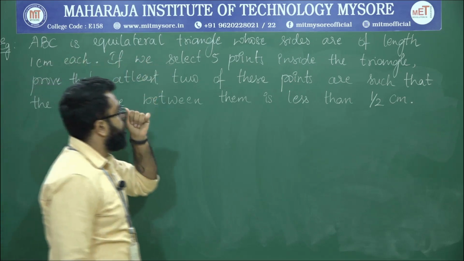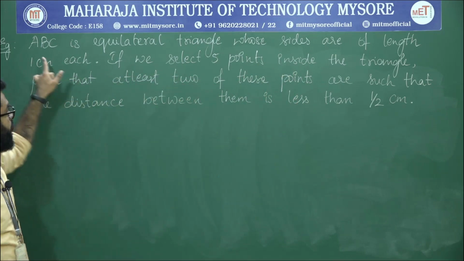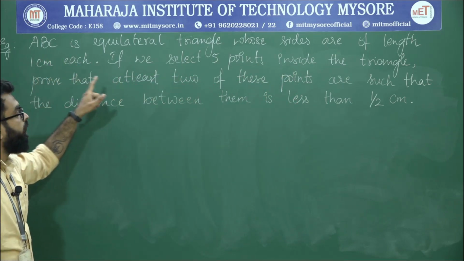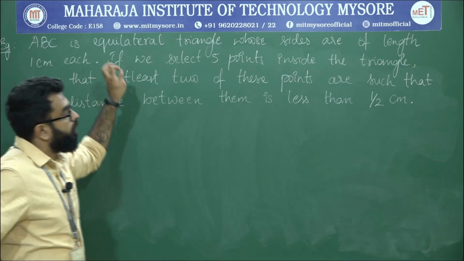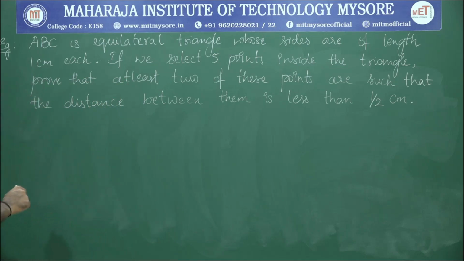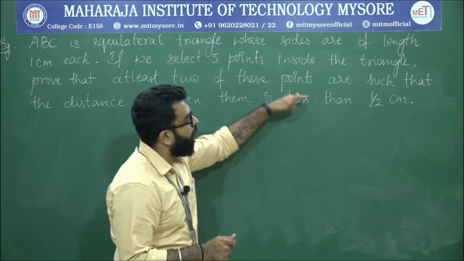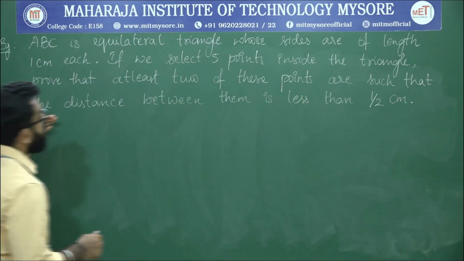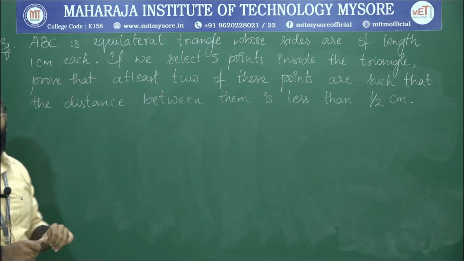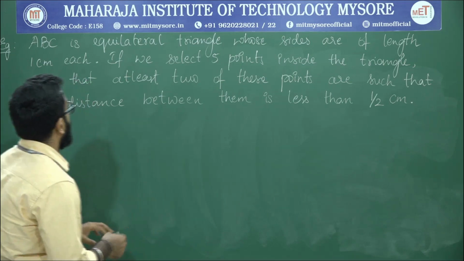If we select 5 random points inside the triangle, prove that at least 2 of these points are such that the distance between them is less than half a centimeter. So how do we do this?